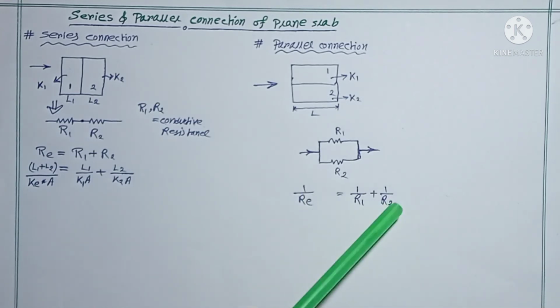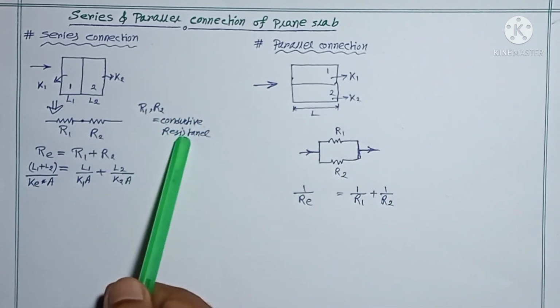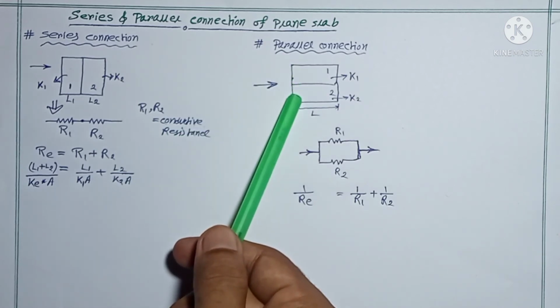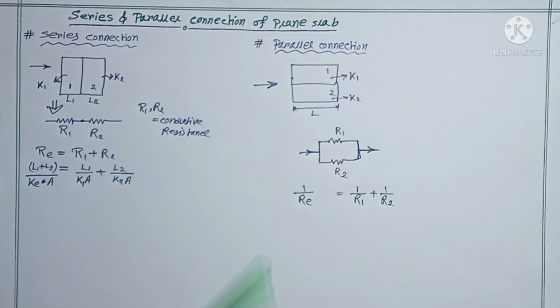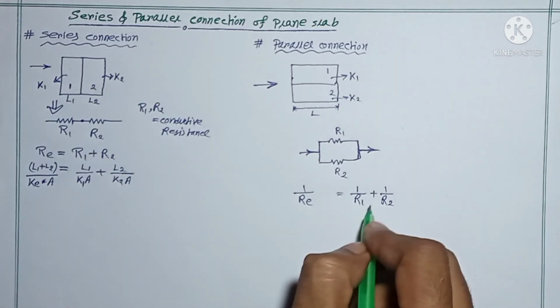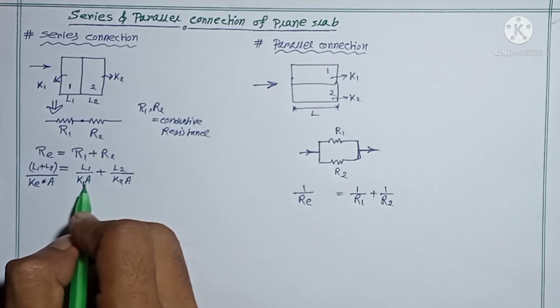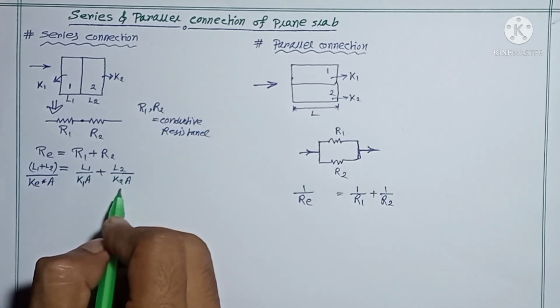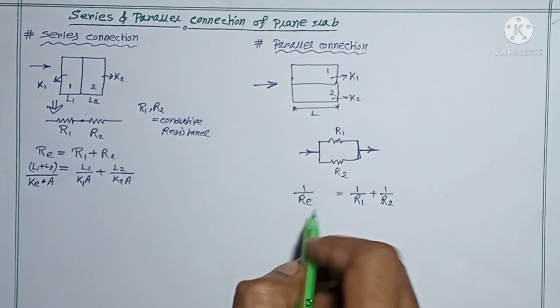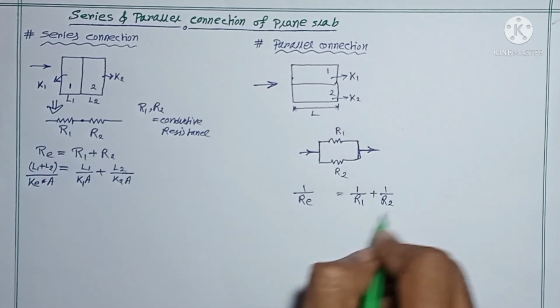Here also R1 and R2 are the conductive resistances for slab 1 and slab 2, and R equivalent is the equivalent conductive resistance. Here also, as already written, R1 is equal to L1 by K1 into A and R2 is equal to L2 by K2 into A. Similarly we will put all those things here.